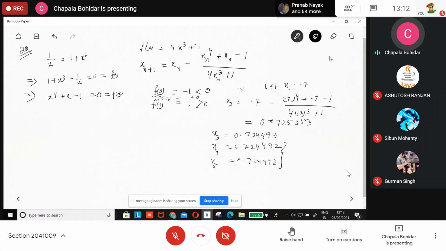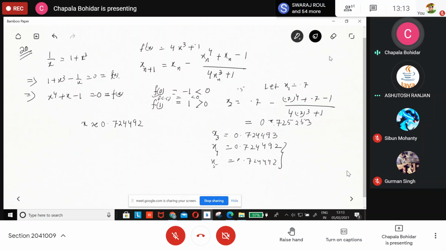So we write the value of x is approximately equal to 0.724492. But here the question is asking to find all roots of the equation correct to 6 decimal places. For this equation you may have 4 roots, more than one.